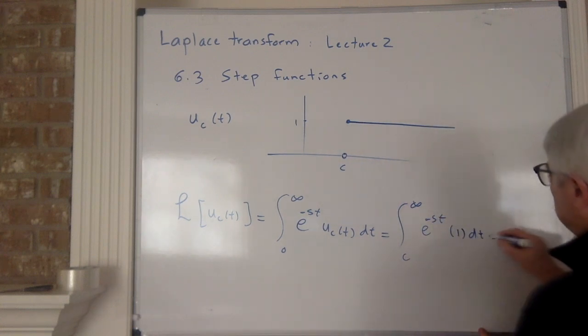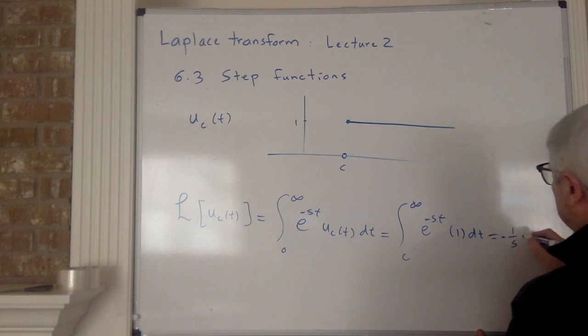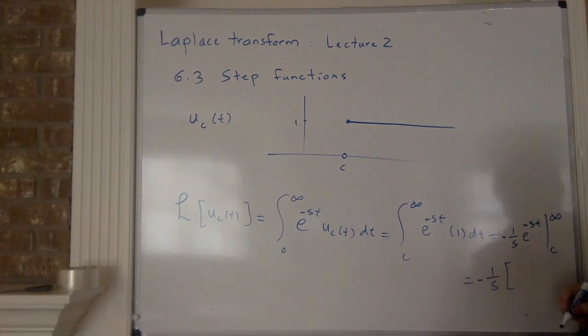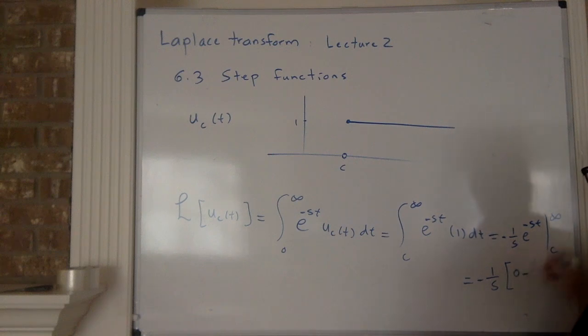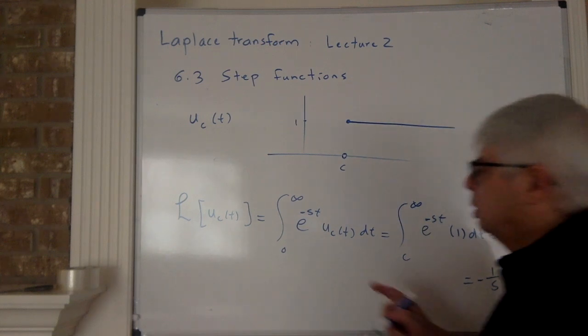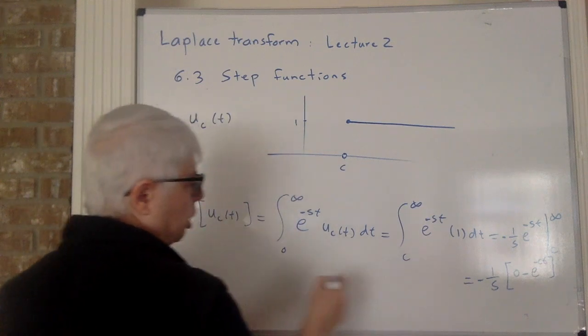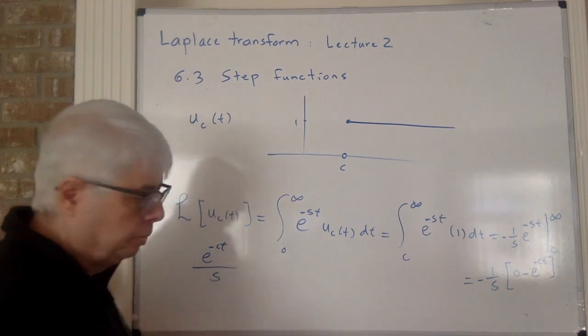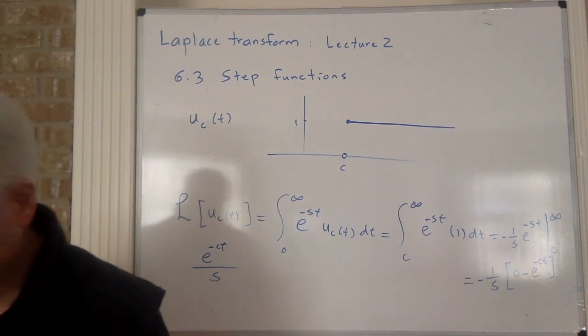Okay, so that is in fact minus 1 over s times e to the power minus st from c to infinity. So that's minus 1 over s times (e to the power minus infinity, which is 0, minus e to the power minus cs). Right? So this guy here, its Laplace transform, is minus minus is plus, e to the power minus cs over s. Right? So that is the step function.